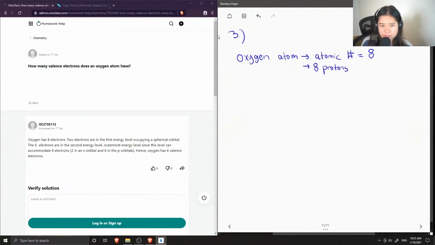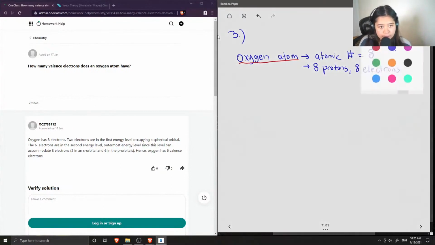And it also tells us that if our oxygen was a neutral compound, then we also have 8 electrons in an oxygen atom as well, just to balance out the charge of the 8 protons.